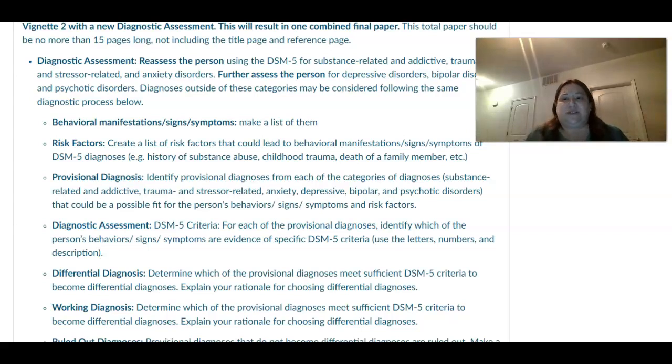So those are the things. Just reassess. If it's the same, leave it as it was in Vignette 1. But you are now being asked to provide a provisional diagnosis based on each of the categories of diagnoses as listed here.